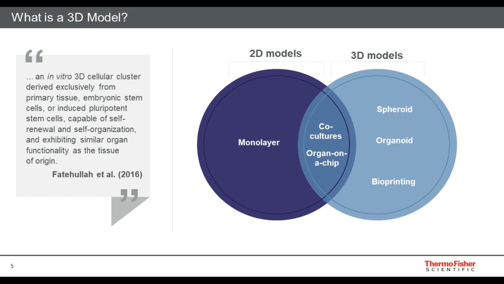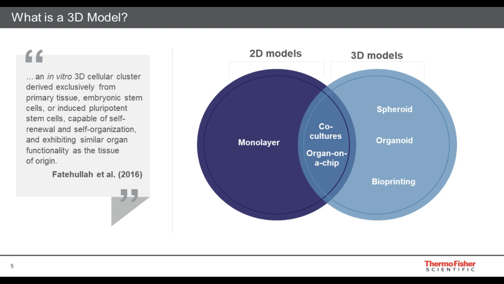And this has led, as I mentioned, to the development of many different types of spheroid and organoid model systems. It's also being driven by different tissue engineering approaches, things like bioprinting, that are allowing researchers now to generate these more complex assemblies of cells for doing various types of research.